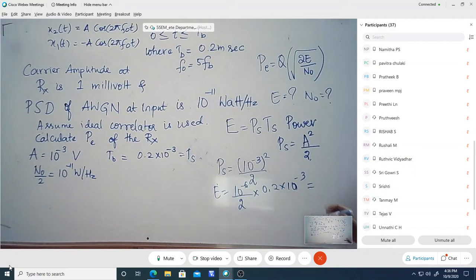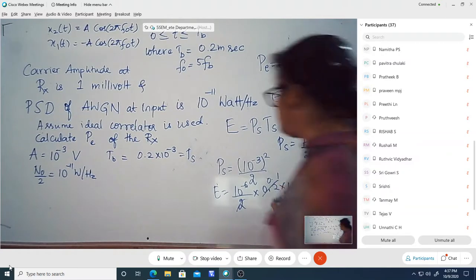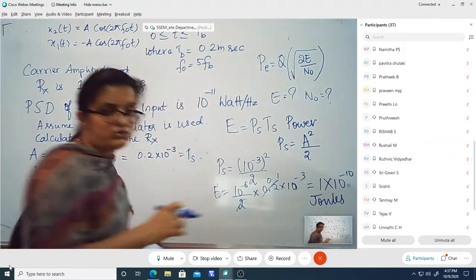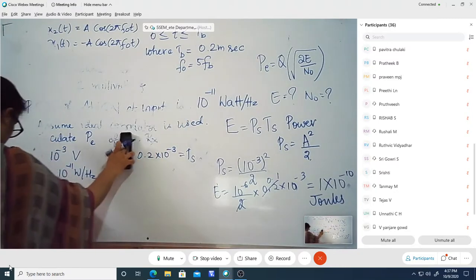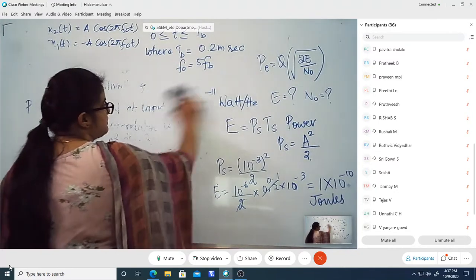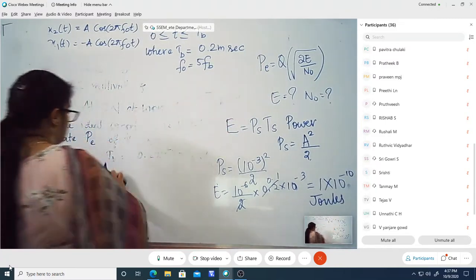If you calculate this, you get the energy of the bit. Multiplying these two, 0.5 multiplied by 0.2, you get 1 into 10 raised to minus 10 joules. This is measured in joules. Once I know E and once I know N naught, I am going to substitute in this equation, then I will come back.